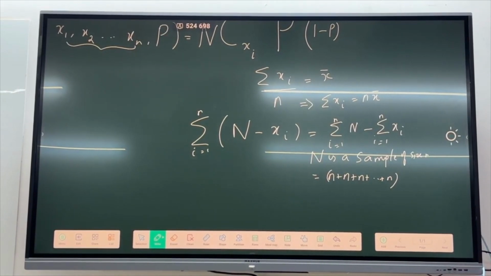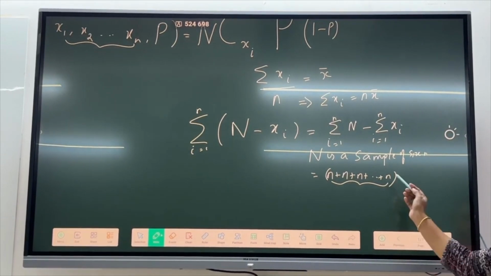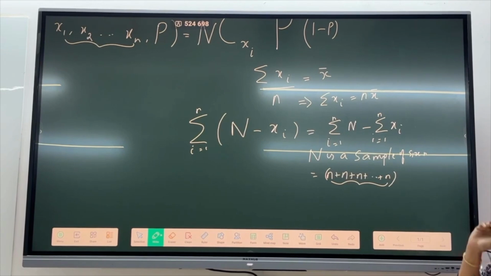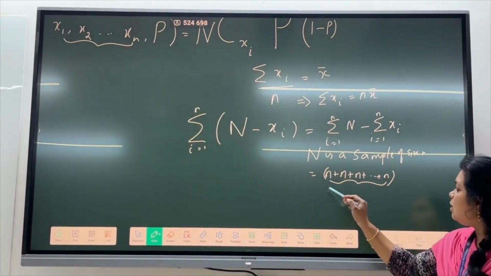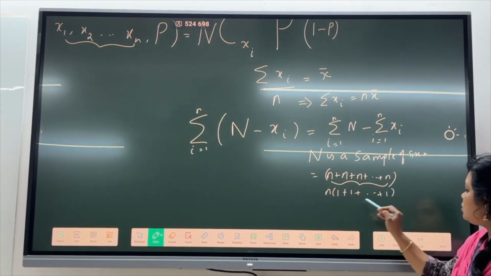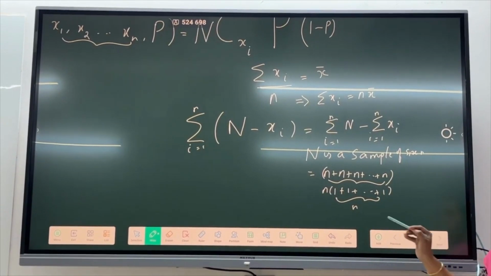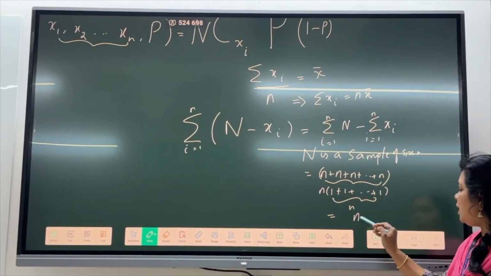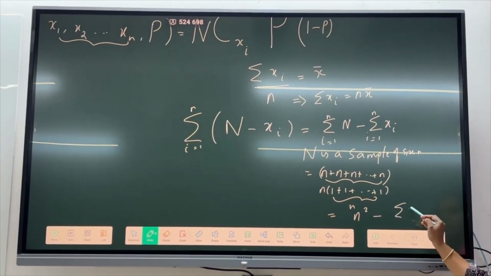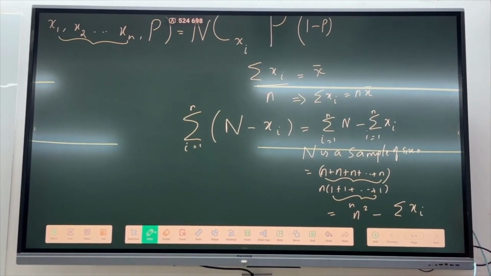Altogether, if you take N outside, 1 plus 1 plus 1 plus etc. is also n times. So if you multiply, what is your answer? N square minus summation x, which is n x bar.